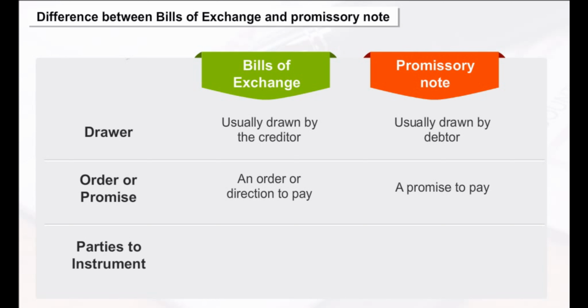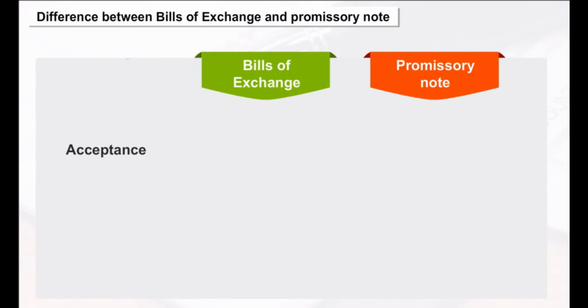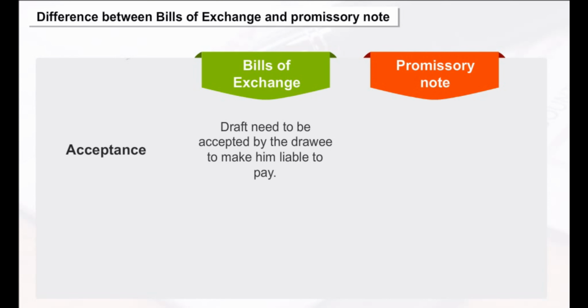3. Parties to the instrument. In a bill of exchange, there are 3 parties involved: the drawer, the drawee, and the payee. In a promissory note, there are 2 parties involved: the maker and the payee. 4. Acceptance. In a bill of exchange, the draft needs to be accepted by the drawee to make him liable to pay.